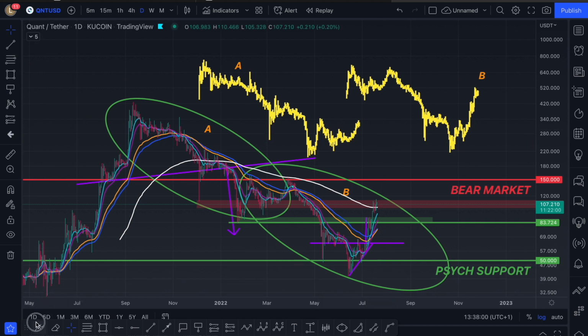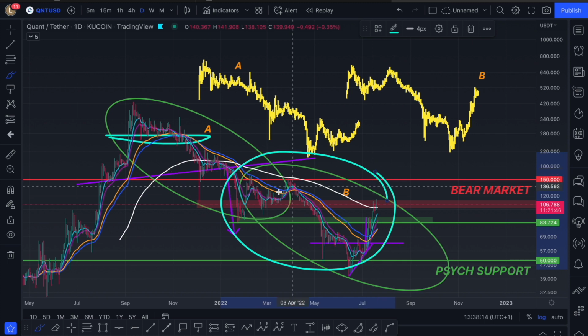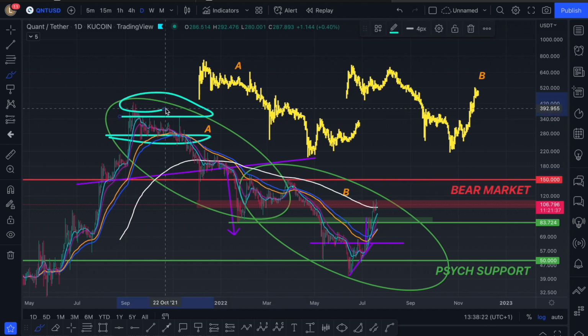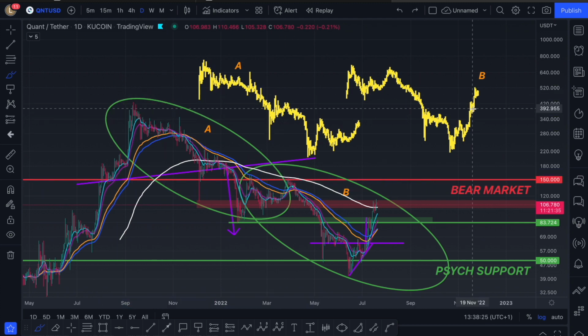But looking at the areas, we can see this is going to be a key support. We have to do the same when we're coming back into this area over here. This is going to be a key support. So what's going on right down here, just pretend this circle B is the top of the bull market. This here is the top of the bull market, just like this here is the top. Remember, the two fractals are exactly the same.